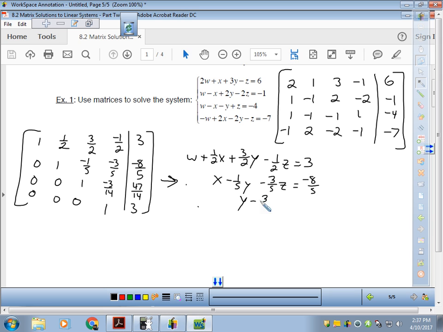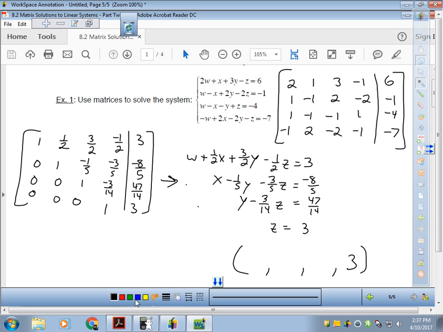Y minus 3/14 z equals 47/14. And then lastly, z equals 3.